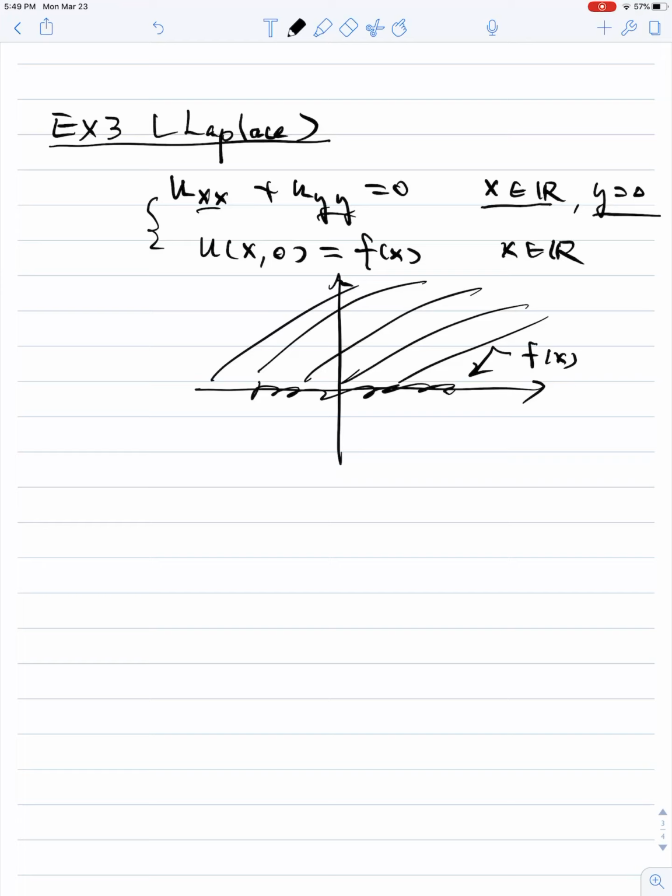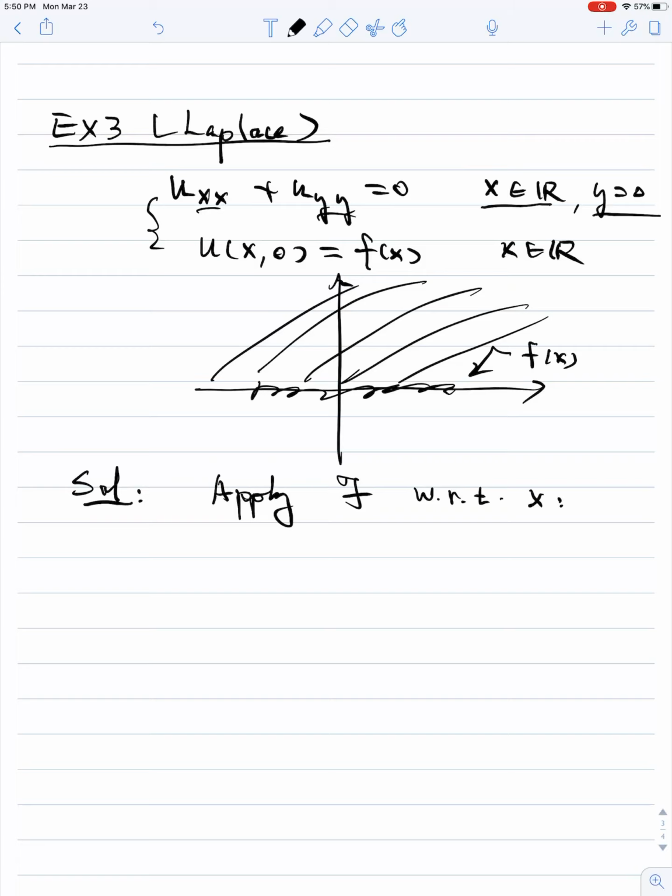So in this case, we should apply the Fourier transform with respect to x.